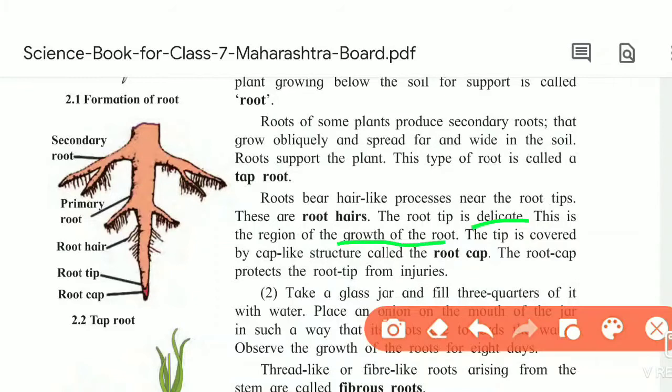It is delicate, and the tip is covered with a cap-like structure. It is called a root cap. The root cap protects the root tip from injuries. Suppose this is a root, it has a cap-like structure on it, and due to this it protects the inner root tip, which is the growing part of the root. So it is protected by the root cap.